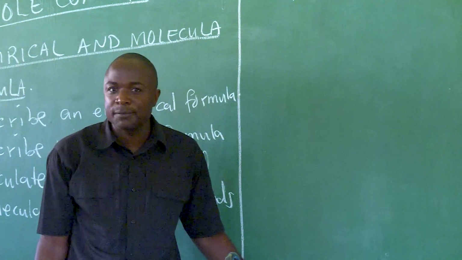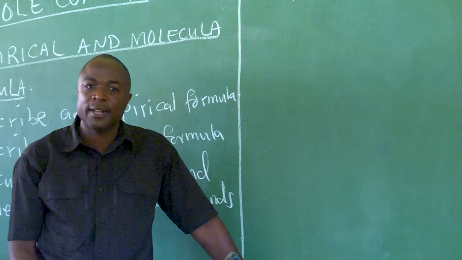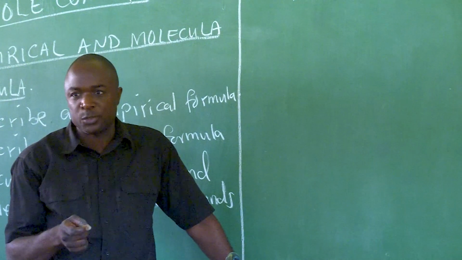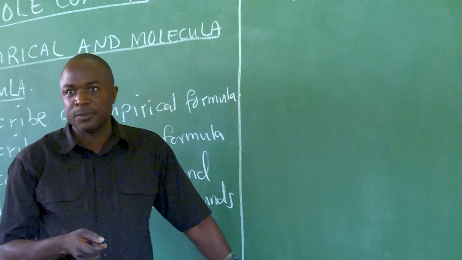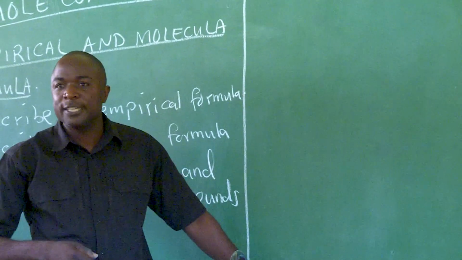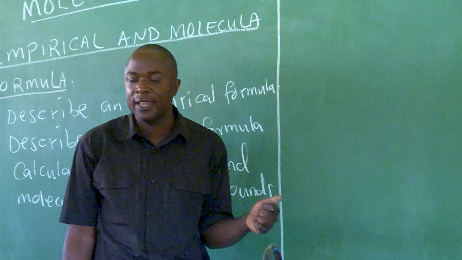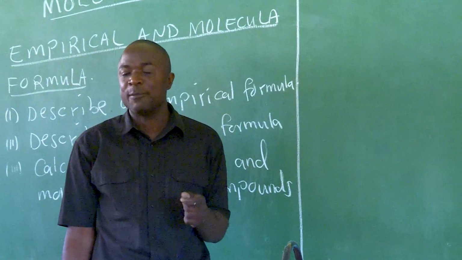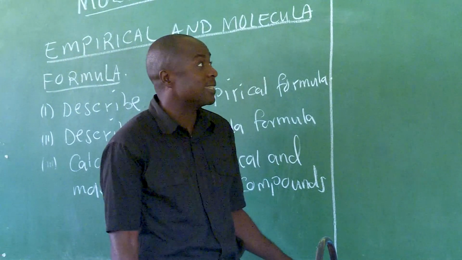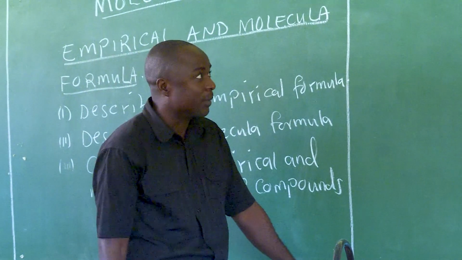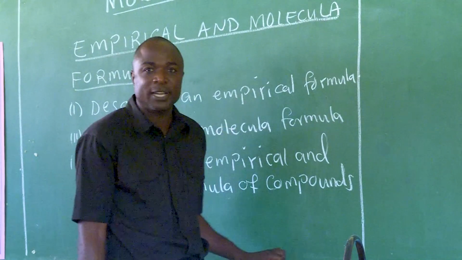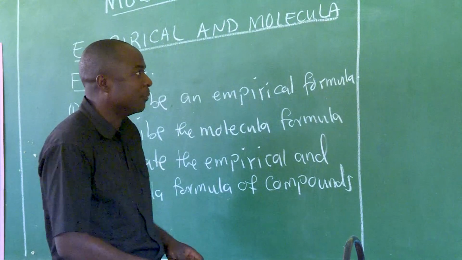In other words, it represents the lowest amount of atoms in a given compound. This is what is known as an empirical formula.